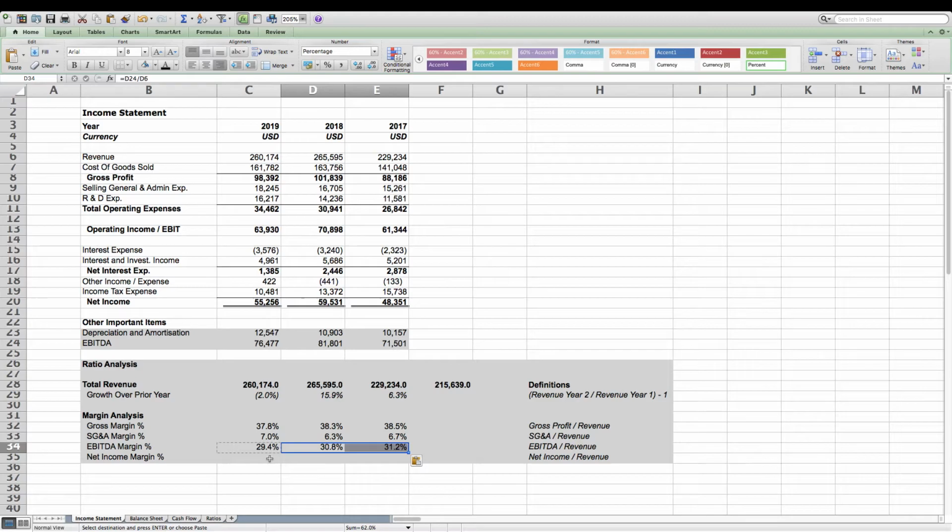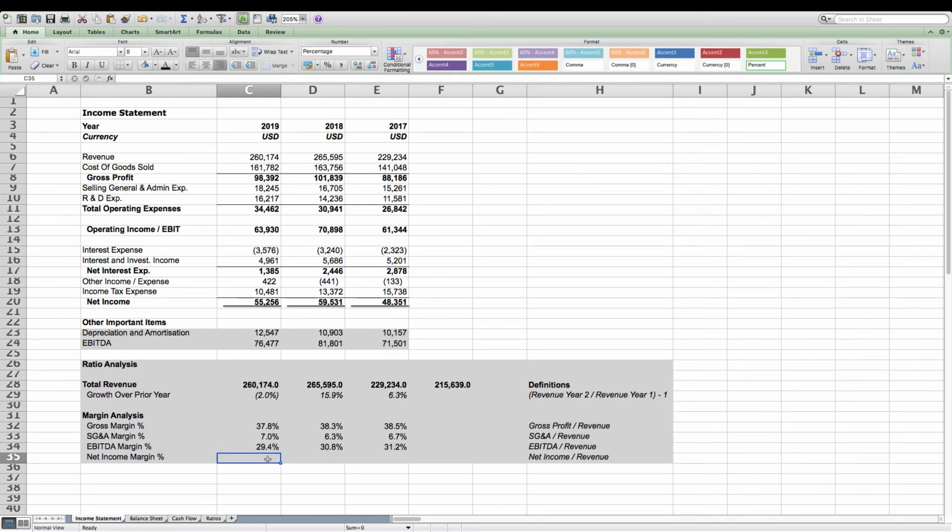So just to reiterate, this is a very important ratio, the EBITDA margin ratio, because it gives us a sense of the profitability of the company once you have taken into account both the cost of goods sold and also the total operating expenses on the company's employees, rent, all the administrative expenses. So effectively, if this ratio is very small, it tells us that the company is not super profitable. But if you look at Apple in this instance, we see that roughly it's making a 30% EBITDA margin, which tells you that it's a very profitable company.